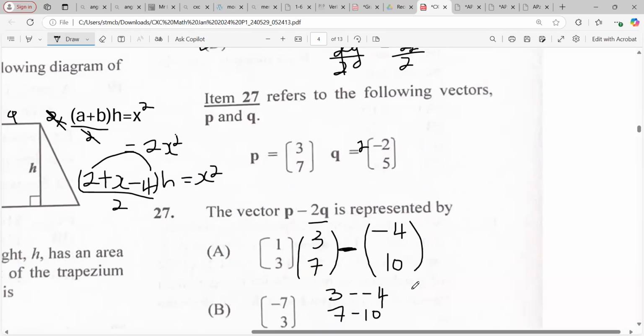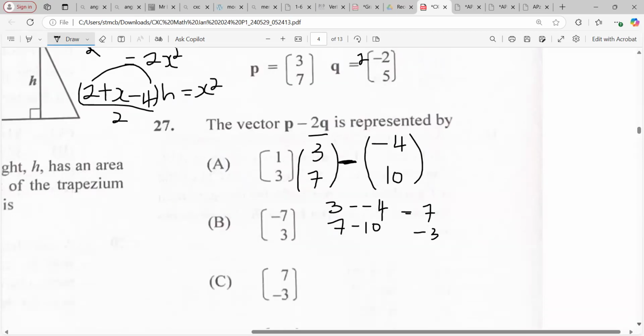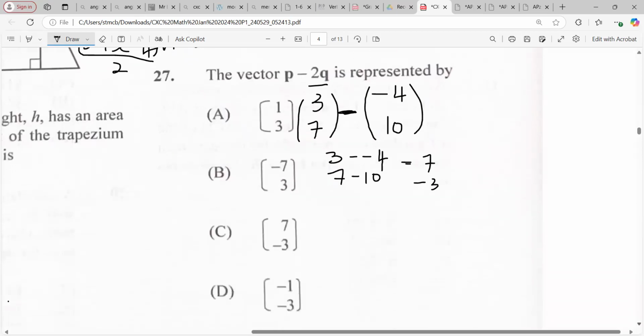So this becomes a positive, so it becomes 3 plus 4, which is 7. And then, of course, we have minus 3. I'm not seeing that in the options, so let me just go down. 7 minus 3. Oh, C. So I think it would have been C.